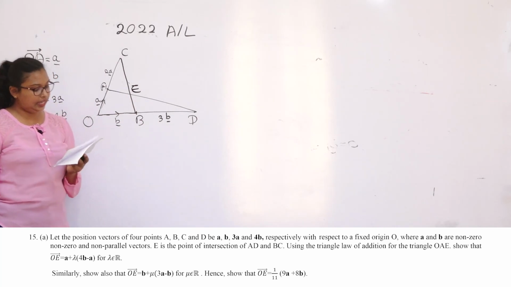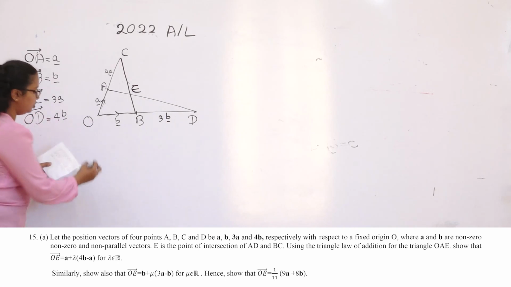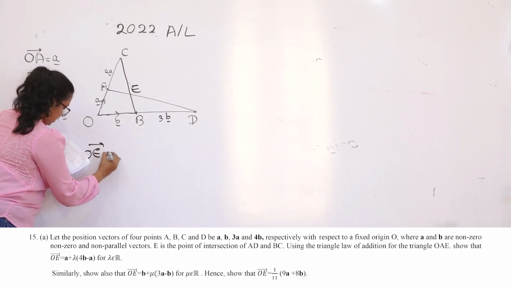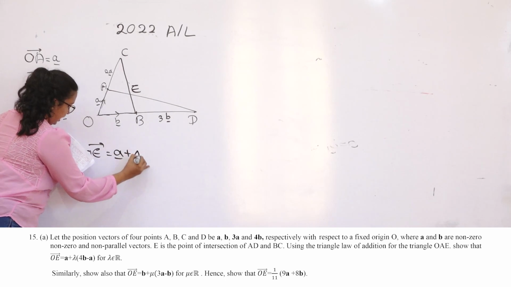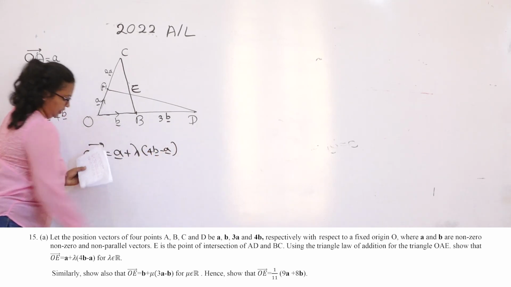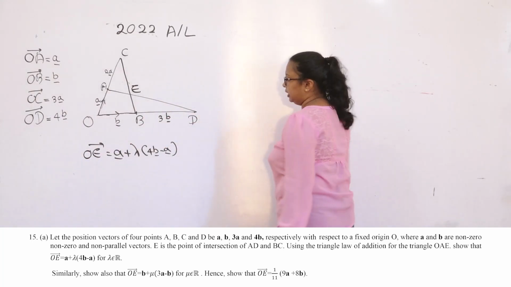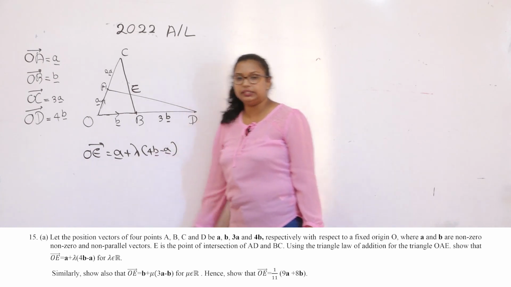They have given that it is E. Show that OE is equal to A plus lambda 4B minus A, where lambda is a real number, that is a scalar. You have to show that OE is equal to this.